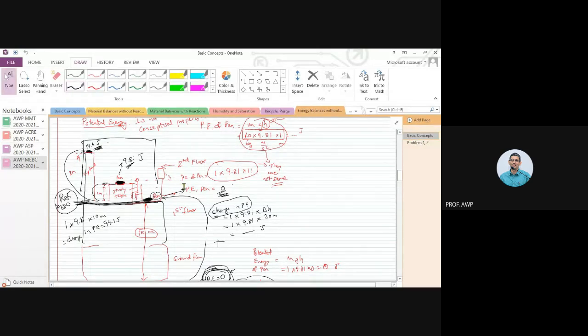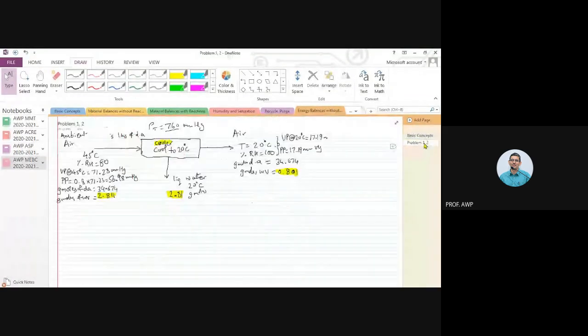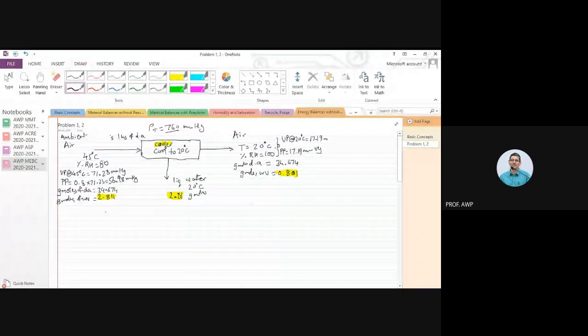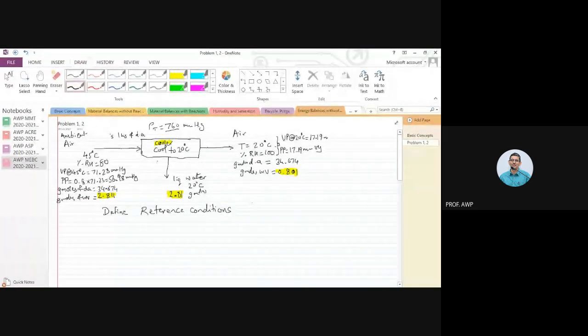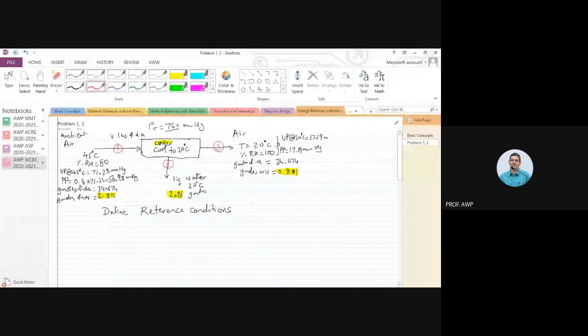value of potential energy. So what we will do is we will try to solve this problem by defining reference conditions. And with respect to the reference conditions, let's say this is my stream number 1, this is my stream number 2, and this is my stream number 3.